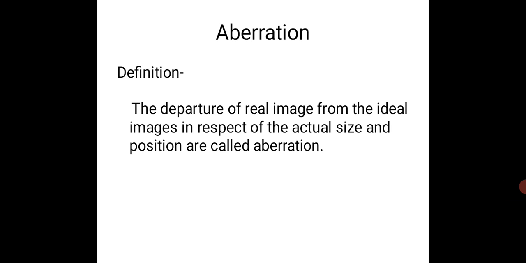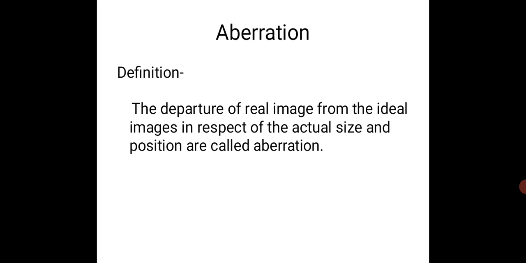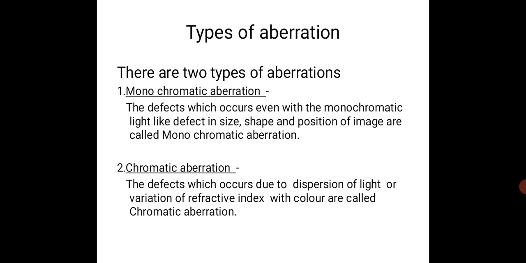So, aberration is said to be the departure of the real image from the ideal image in respect of the actual size and position. So, it is a defect of the lens to form a perfect ideal image for an object. There are different types of aberrations, and the first one is monochromatic aberration.